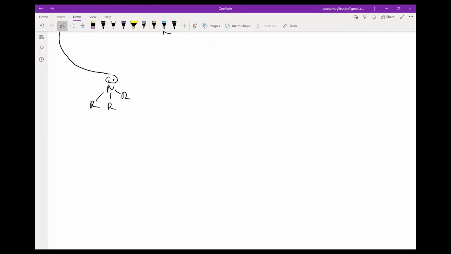So the transformation that will ensue looks kind of like this. Let's say that this amine right here is ammonia, so it'll be NH3. And let's say that this reaction participates in water, or there's some water present.